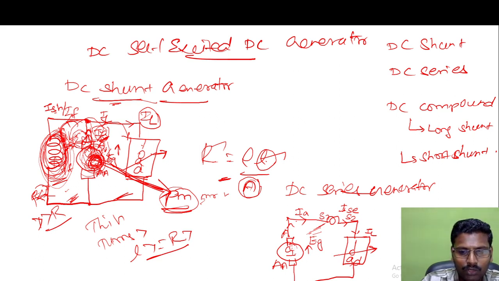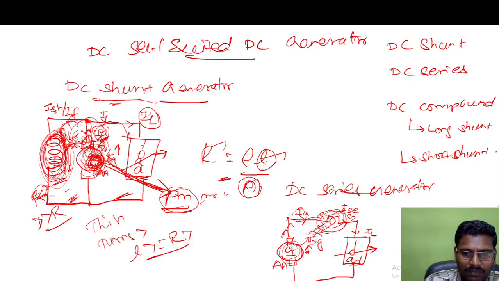Now, due to residual magnetism, the armature conductor will produce a flux which will produce some amount of voltage, and the voltage will create the armature current IA. This will flow through the series field winding S1 and S2, and the series field coil will be energized and produce some flux, and there is already some flux in the armature winding.